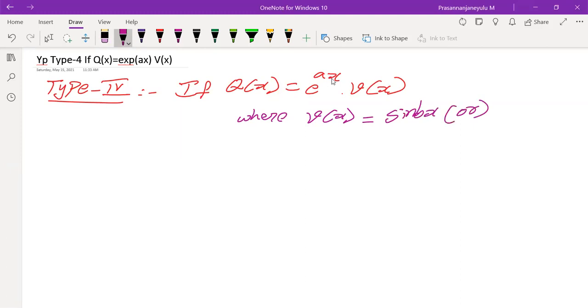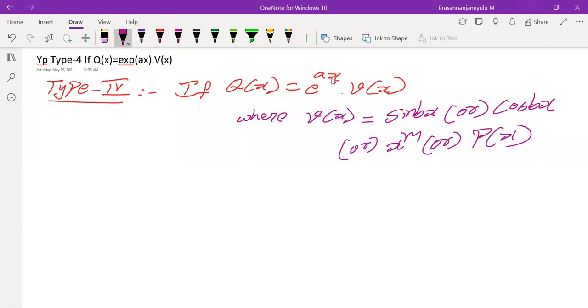What is type 3? x power m, or a polynomial in functions of x, so I am taking p of x. If v of x may be any one of these 4, then we can apply type 4.